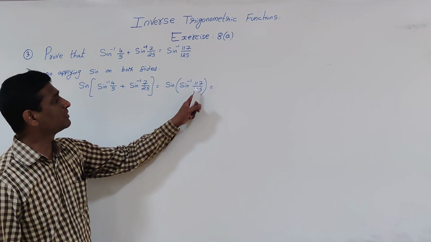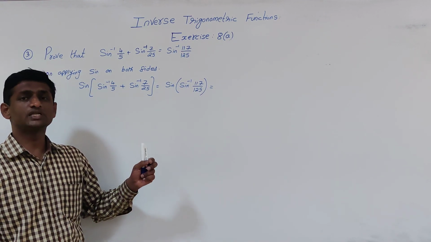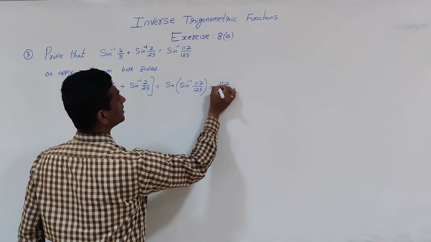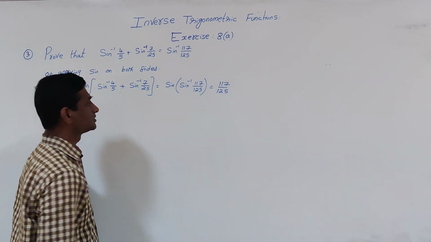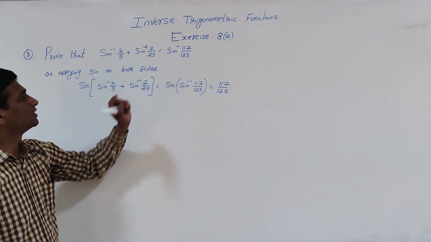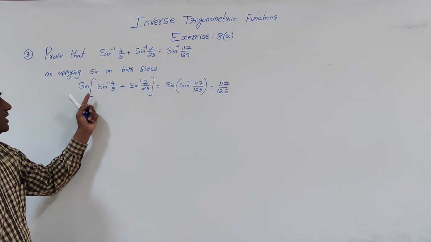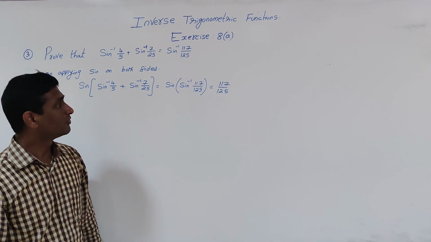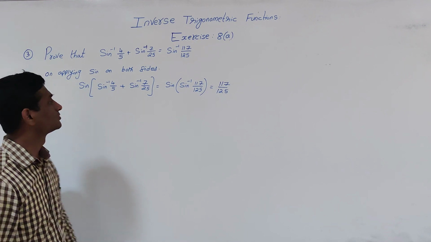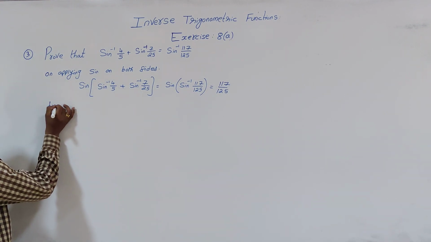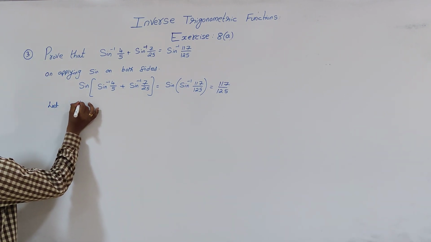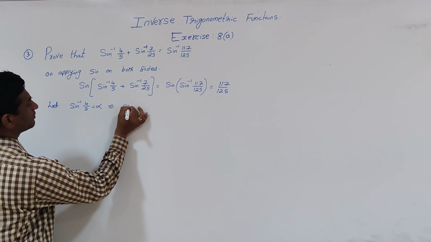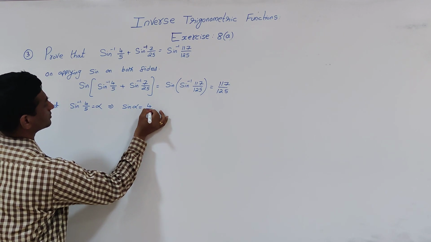So 117 by 125 is a value which lies between minus 1 and plus 1. So this gives 117 by 125. Means instead of showing this, it is enough to show that sine of this will be 117 by 125.